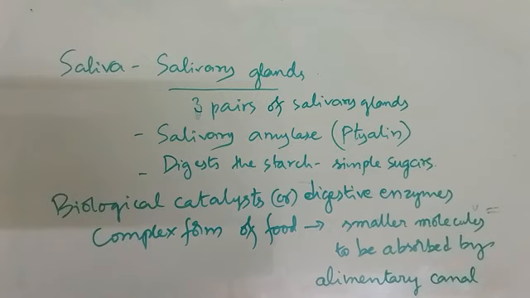Among such biological catalysts, which biological catalyst is present in the buccal cavity? Salivary amylase. What is the function of the biological catalyst in the buccal cavity? The biological catalyst present in the buccal cavity is salivary amylase, which digests the starch into simple sugar.